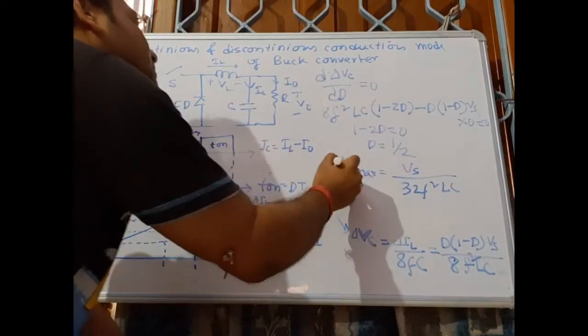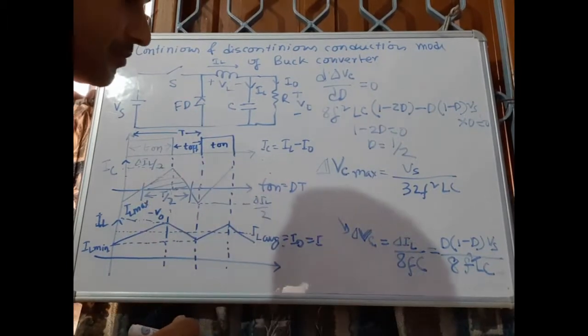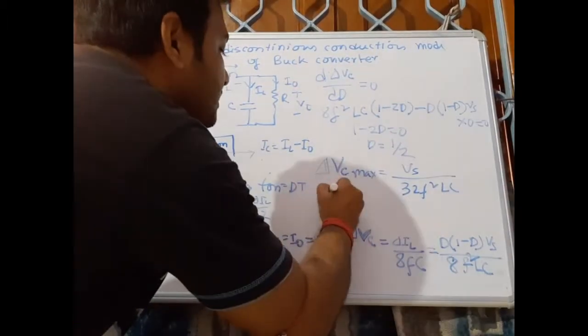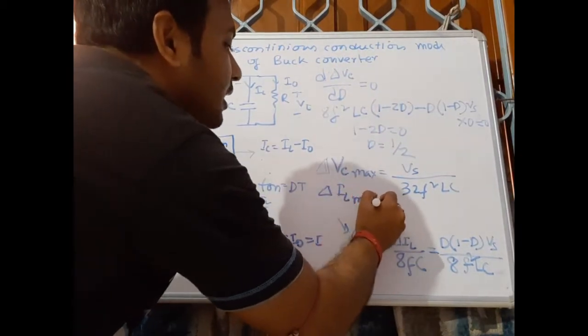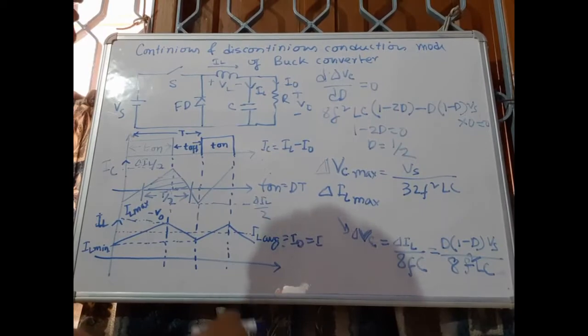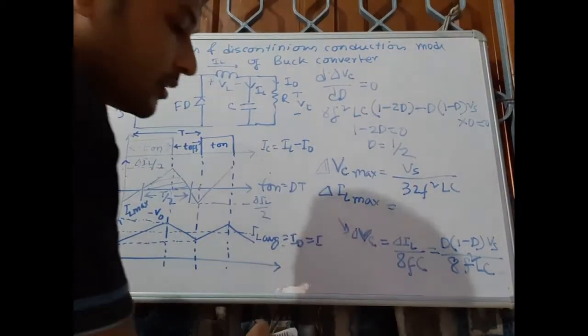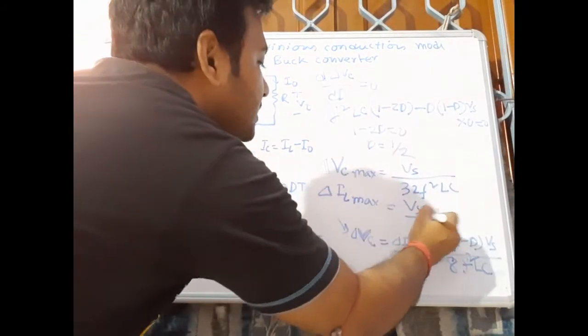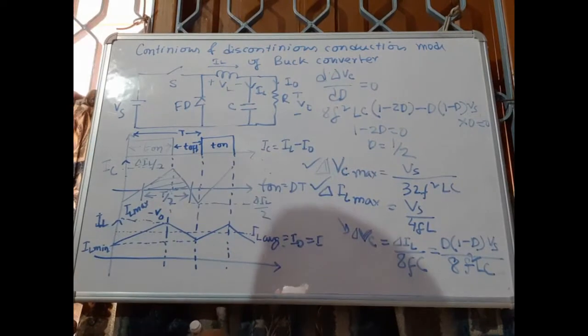So this is the maximum voltage ripple across the capacitor. And if I just want to obtain the maximum value of inductor current ripple, we put D equals half, then we will get Vs divided by 4fL. These two equations are very important.